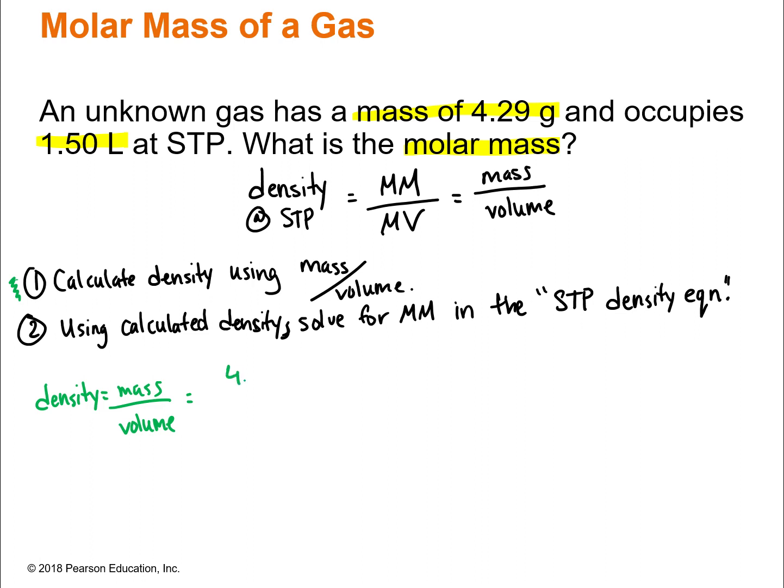The mass was 4.29 grams, and the volume is 1.50 liters. You can figure out what that density is by simply dividing the two. That gives you 2.86 grams per liter.